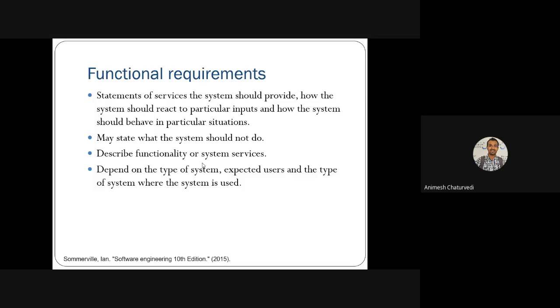Then the types of systems or the components that are needed and which are to be used should be mentioned. All these dependent things need to be mentioned in the functional requirement.